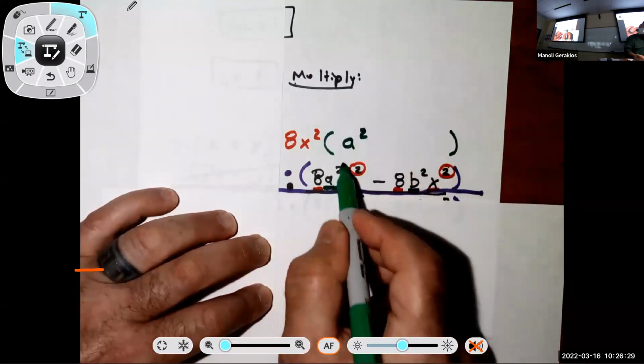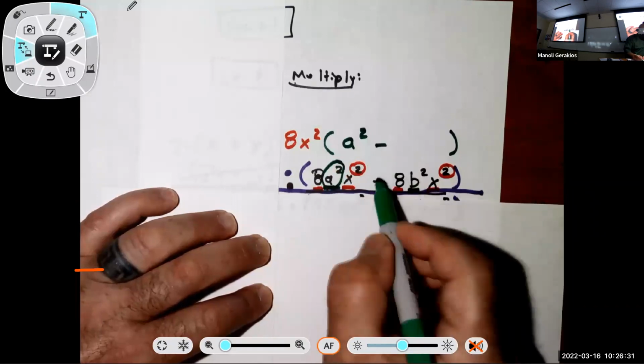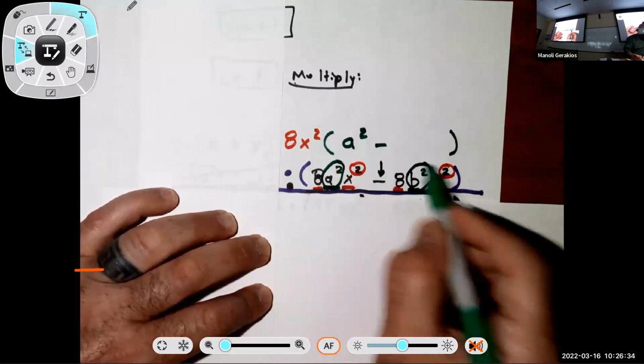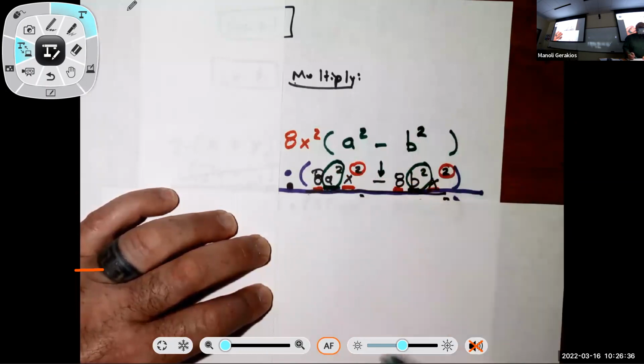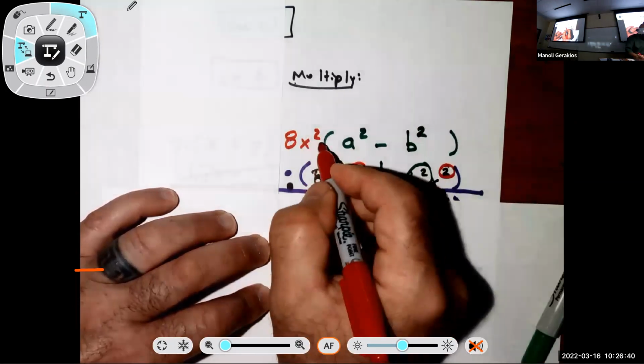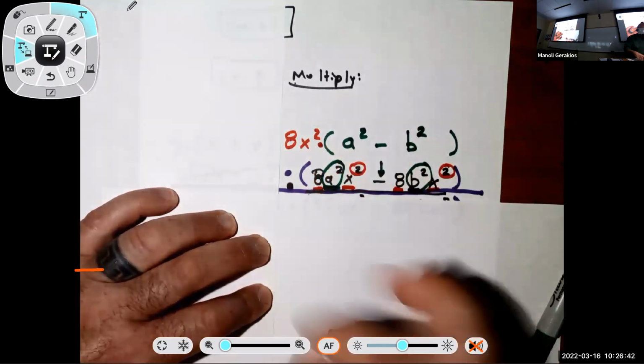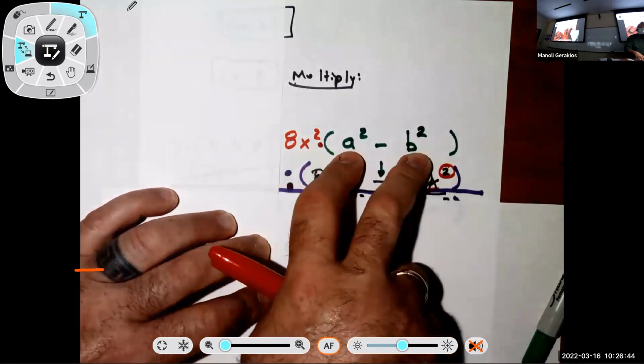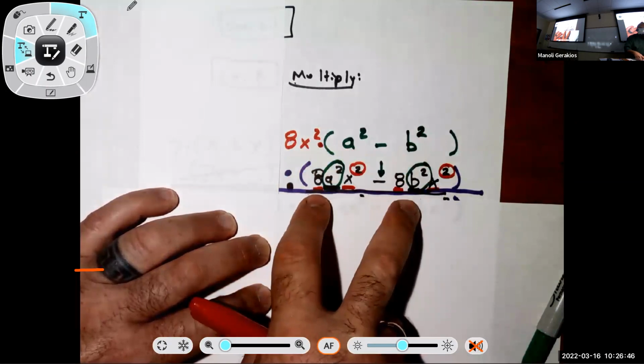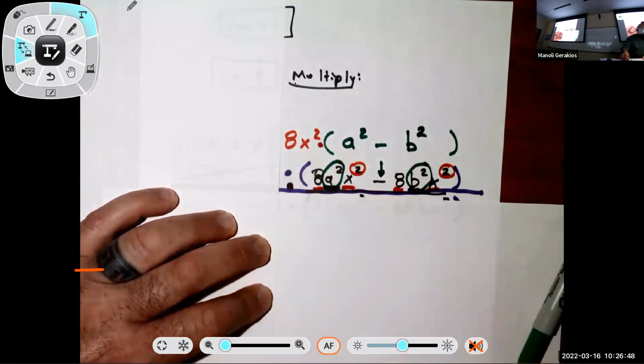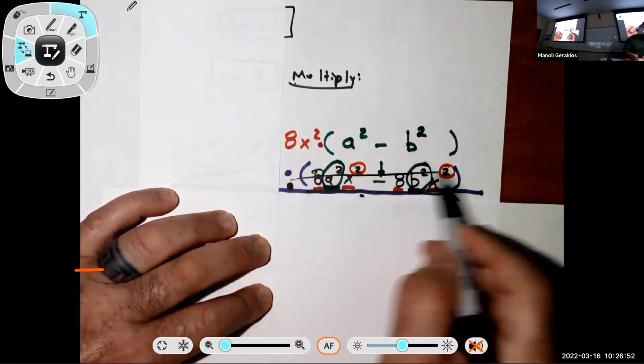There's an a squared minus b squared. Does that look good? Just like if I redistributed 8x squared to both of these, I'm good, right? I get this back. You guys are checking me as I go, right? Then slash out this original because you're done with it.